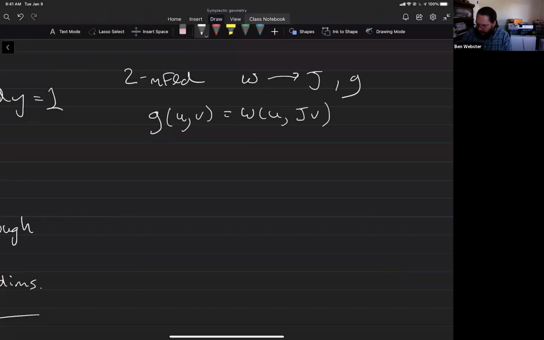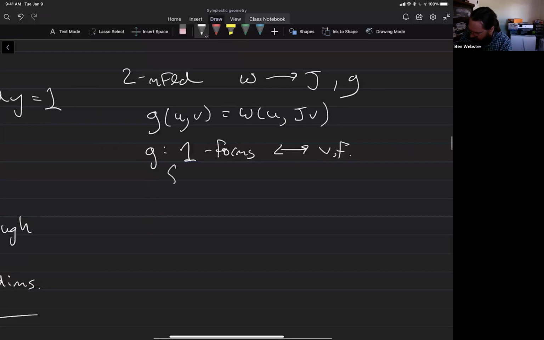So if I use the metric to identify one-forms and vector fields, which is something you're used to doing from vector calculus, then, in the usual tensor notation, this would be raising and lowering indices. But maybe just for clarity, I'll give this a name, delta.